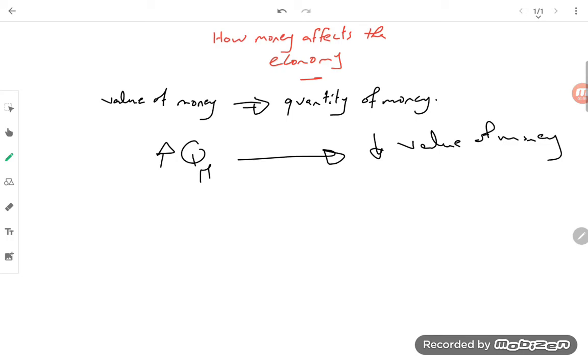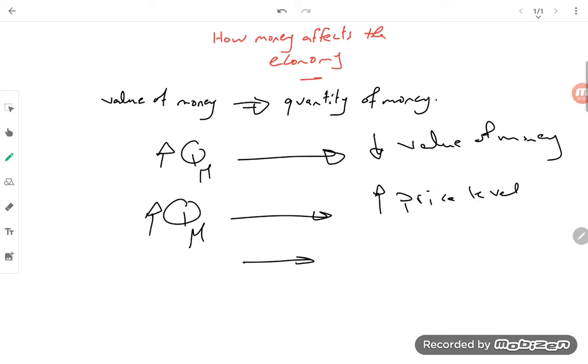By the value of money, we mean the purchasing power of money. So the greater the quantity of money in the hands of the public, the lower the value of money. Or in other words, the greater the quantity of money, the higher the price level, and hence resulting in inflation.